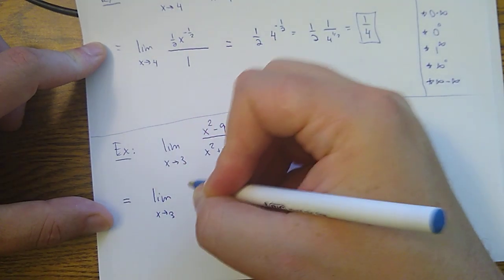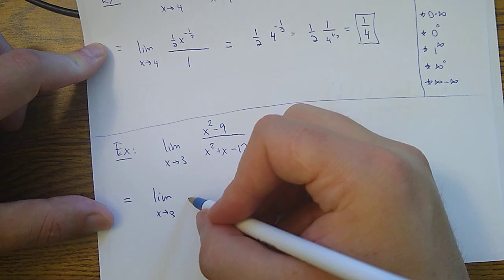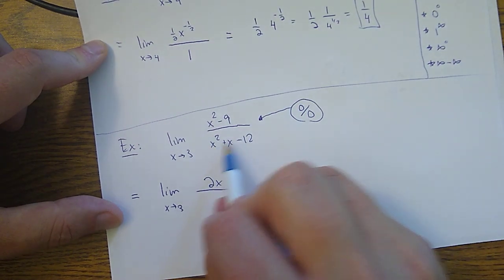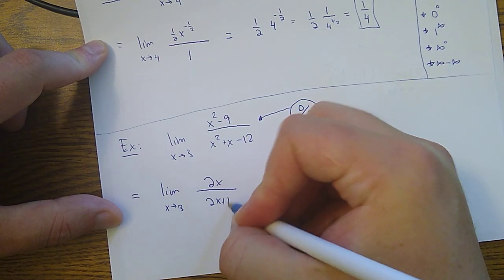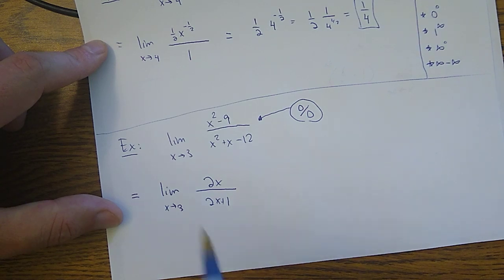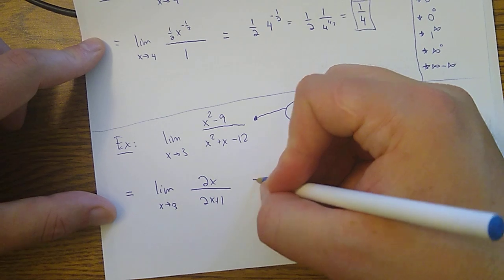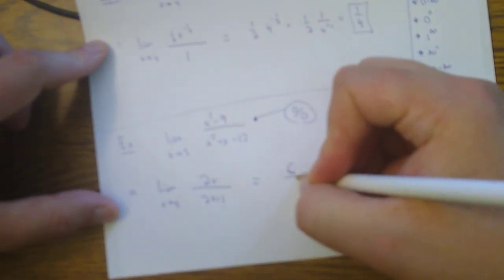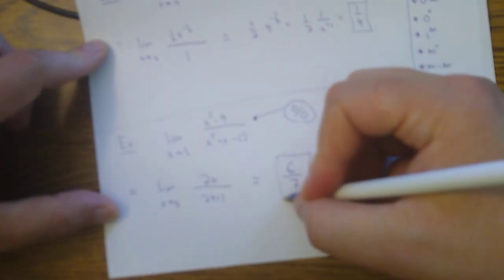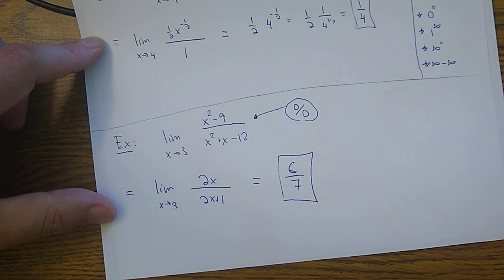So this becomes the derivative of the top, which is just 2x, over the derivative of the bottom, which is 2x plus 1. And now I ask myself, can I just plug in 3 for x? And I find that I can. I get 6/7.